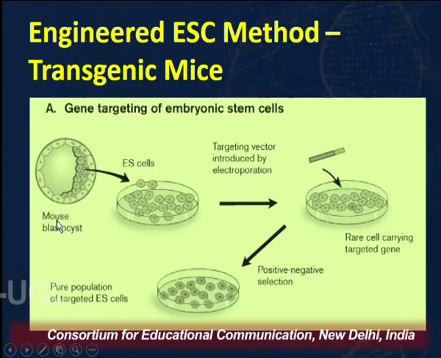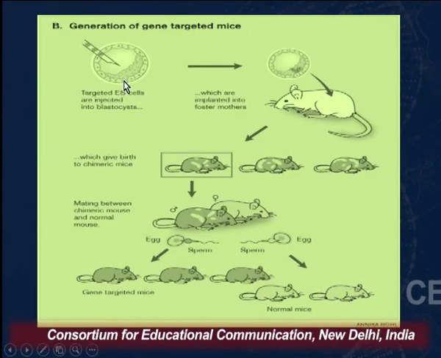So, just a quick review: take the blastocyst, take out the inner embryonic stem cells, maintain and proliferate them, then transfect them with a vector containing the foreign DNA or the transgene, select the modified ESCs, then implant them back into a blastocyst, introduce it into a surrogate mother, and then get the progeny.